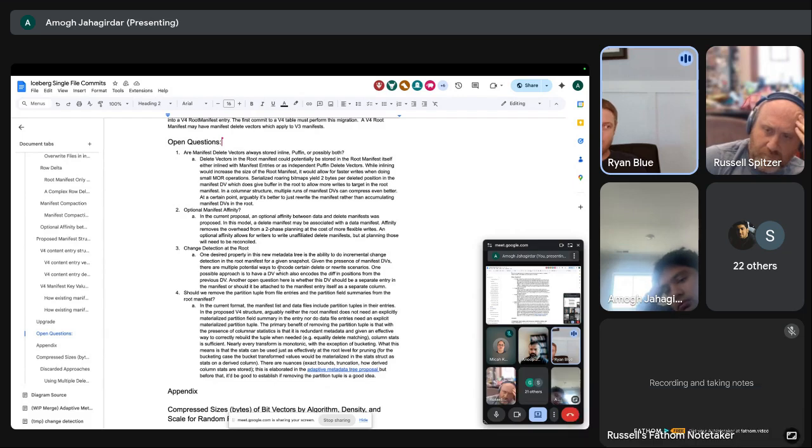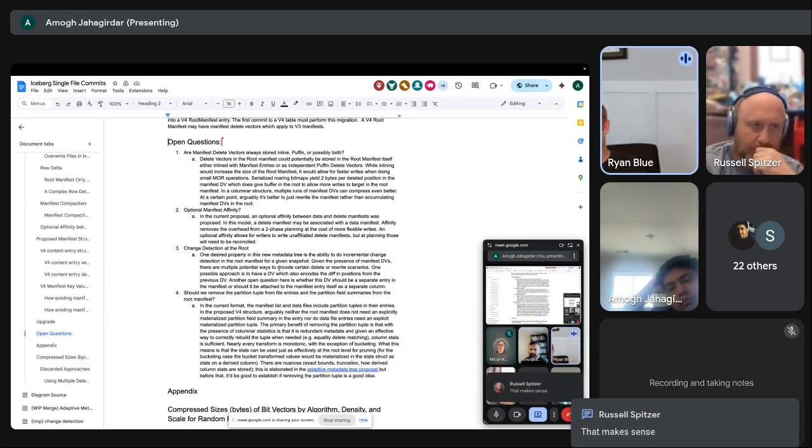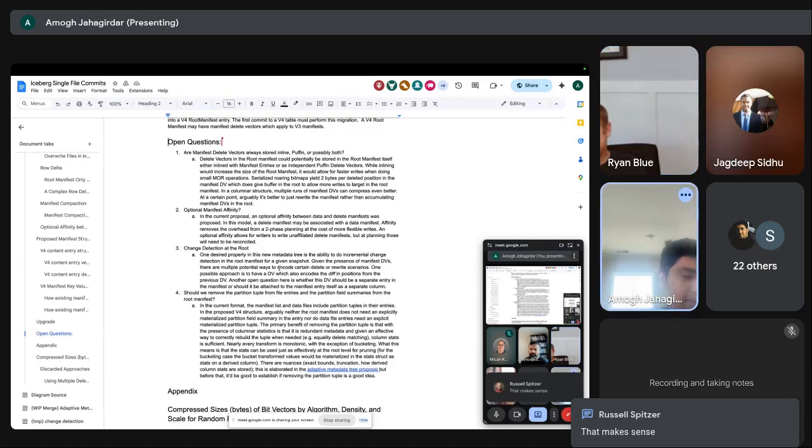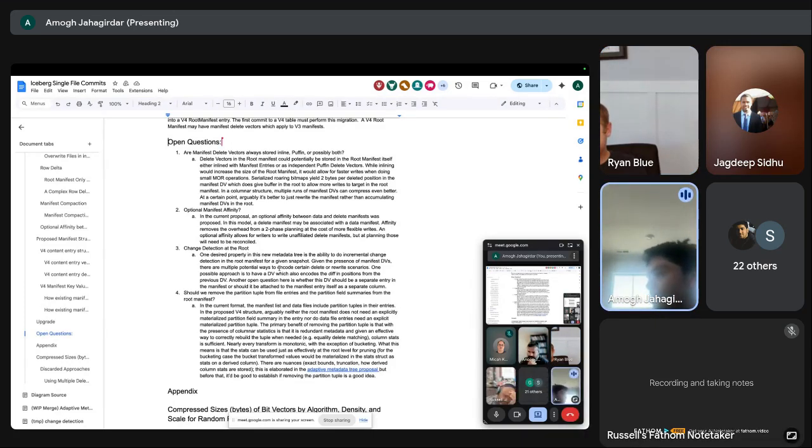And we also are hopefully finding ways around using equality deletes, because we haven't really seen much success using equality deletes. Yeah, I think that makes sense. If there's ever progression toward eliminating equality deletes, that would be a good justification for removing the tuple, because at that point it's not needed. Yeah.